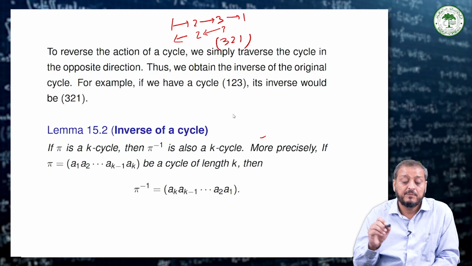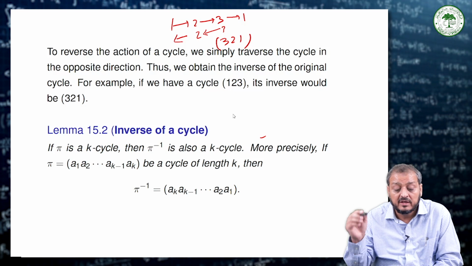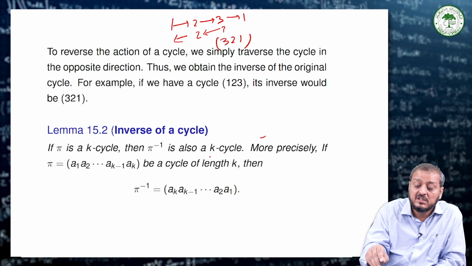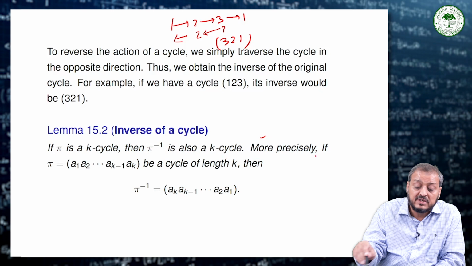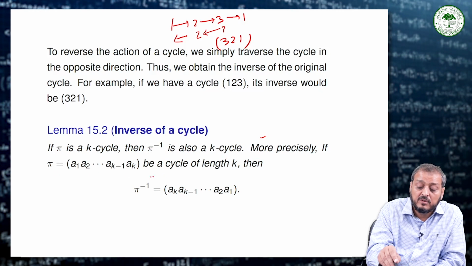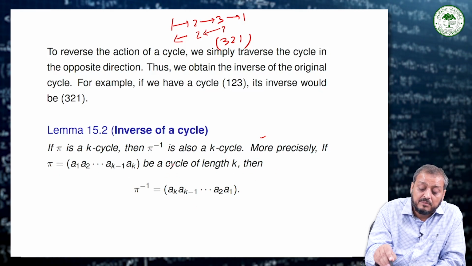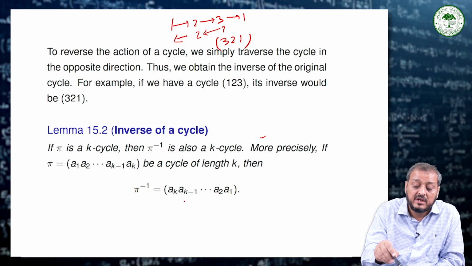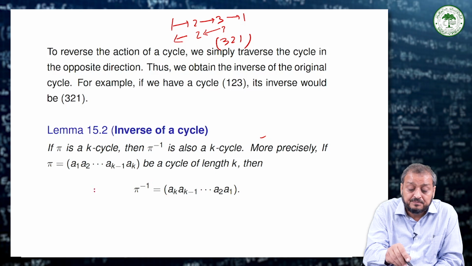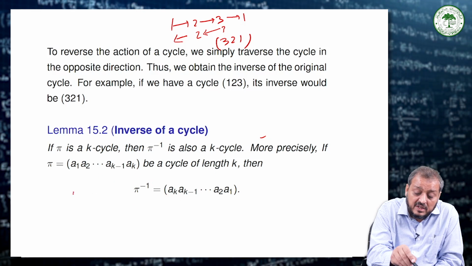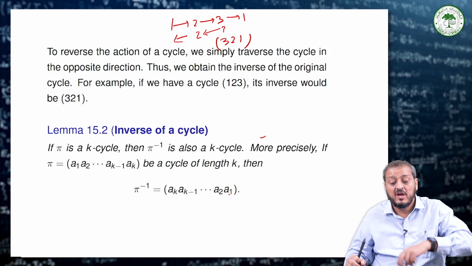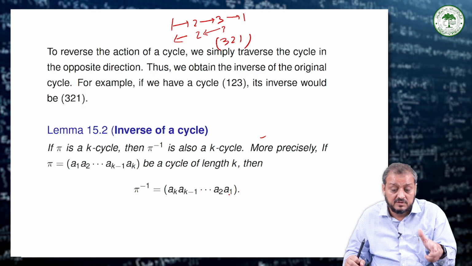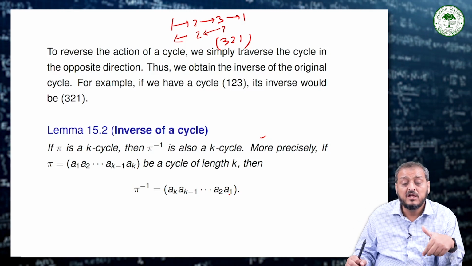So if pi is a k cycle, then pi inverse is also a k cycle. More precisely, if pi is equal to a1 a2 up to ak, a cycle of length k, then pi inverse is also a cycle of length k, which can be written as ak, ak minus 1, and so on. We simply transfer the cycle in the opposite direction.